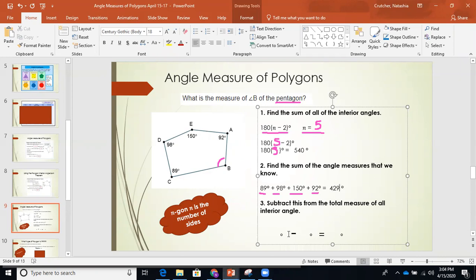Then last step, we take our total amount, 540 degrees, minus what we already know. That tells us that our missing angle is 111 degrees. So B is 111. All right, moving on.